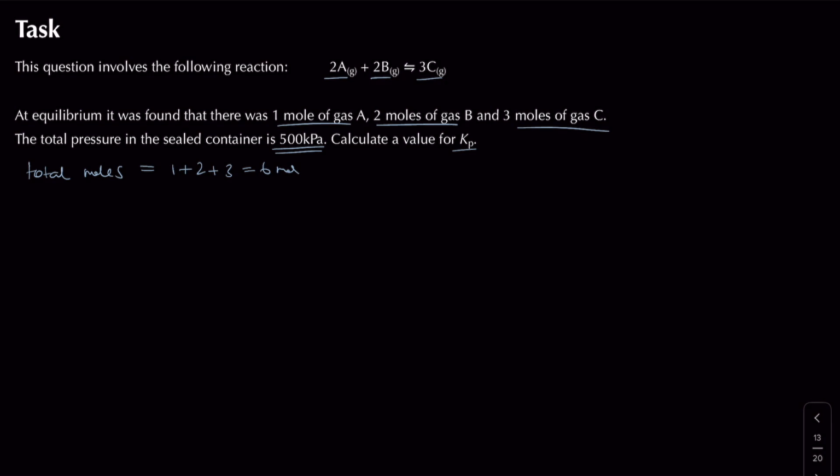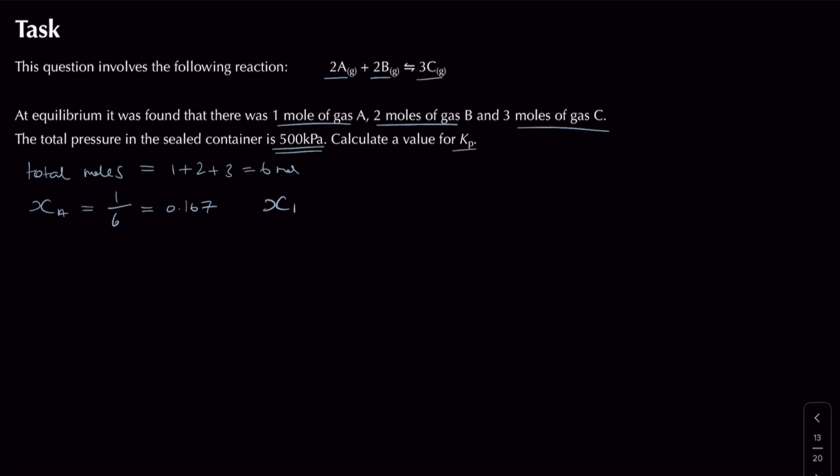Now, the next thing that I need to be able to do is find the mole fractions of A, B, and C. So A is going to be equal to 1 divided by the total number of moles, which is 6. 1 divided by 6 gives me 0.167, and that's rounded. We can try and keep our numbers in our calculator and then round at the end, but I've got too many numbers in this case.